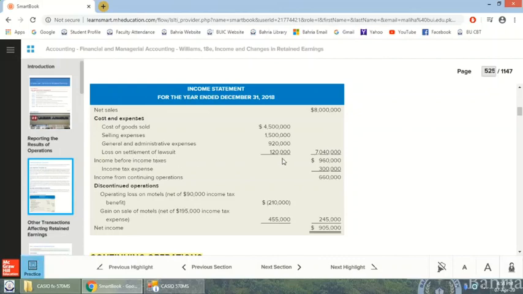I gave you an example a while ago that any kind of losses do not result from discontinued operations alone. These can also result from the normal day-to-day or out-of-the-routine operations of the business, because any party can sue another party. I can give you an example of a lawsuit.